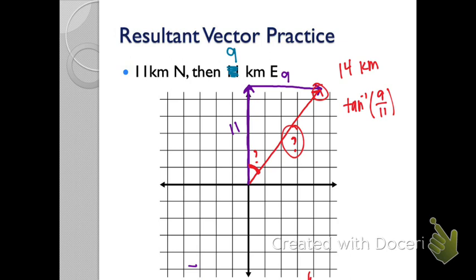So second tangent of 9 over 11 gives me 39.3 degrees. Run that in your calculator and make sure you get that same answer. 39.3 degrees. Yes? No? If you're not getting that, I want you to tell me. That way I can make sure that we can run that correctly in our calculator, because that's super important.